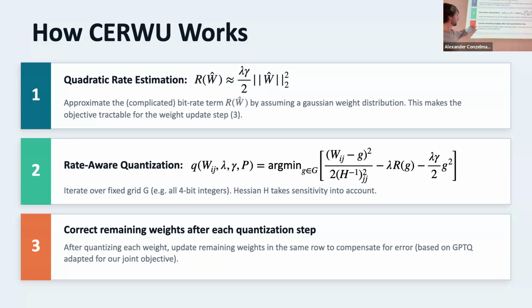And third, we correct the remaining weights after each quantization step. So you can imagine if you take a weight tensor and you quantize a weight somewhere, you can correct the error you introduce by changing all of the other weights a tiny bit, and then you can continue and just greedily quantize these weights.